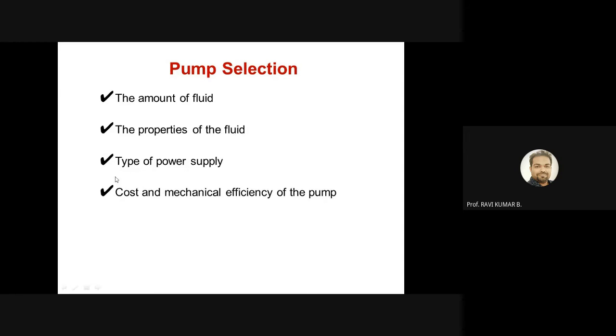As for cost, it should always be low, and the pump should have the highest possible mechanical efficiency. These are the important points to be considered while selecting the type of pump to be used in a hydroelectric power plant.